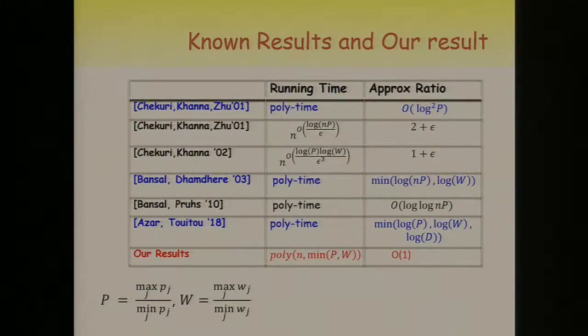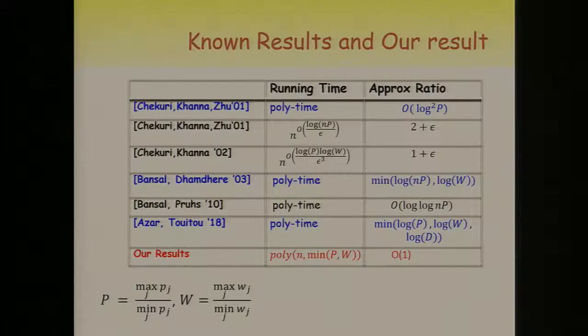People know approximation algorithms whose approximation ratios are logarithmic in P or W. Also, approximation algorithms are known where you can get as close to 1 as you want, but the running time is not really polynomial. It's something like n to the order log P log W. So it's not a truly polynomial time algorithm.